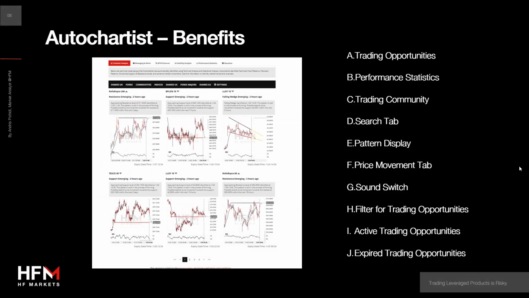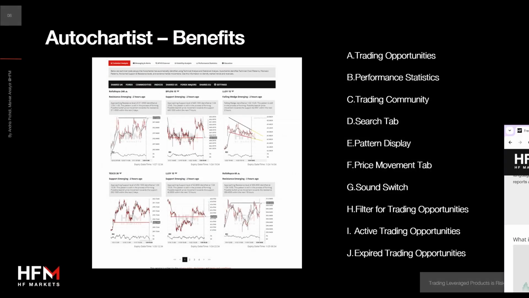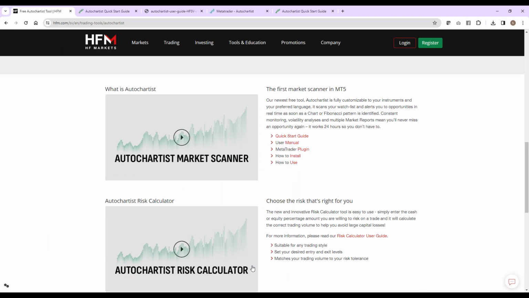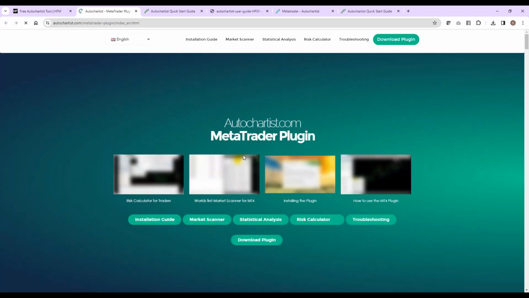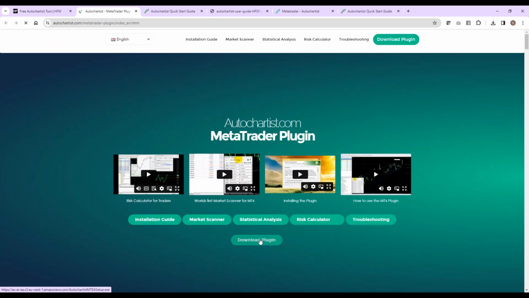Okay, guys, let's take it step by step. As I said, in order to have Autochartist on your platform and also on your web interface, you need to download it and install it. So you click MetaTrader plugin, download plugin.